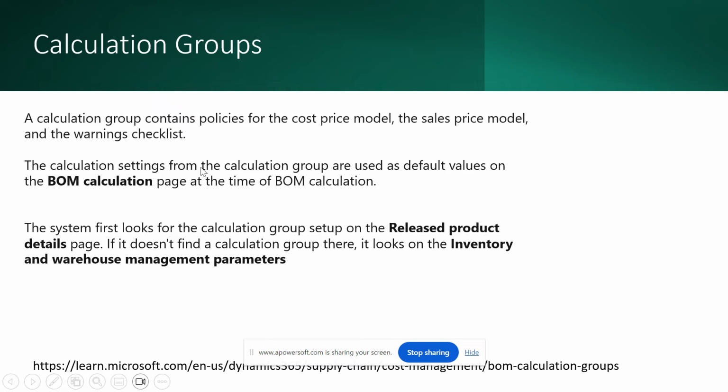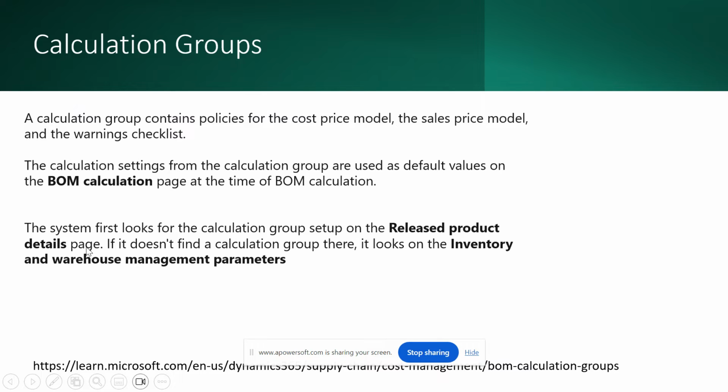The calculation settings from the calculation group are used as default values on the BOM calculation. So when we did the estimation of the production order, the calculation group setup which we have against the item is primarily used in order to do the BOM calculations, right? The important point here is the system first looks for the calculation group setup on the release product details page.